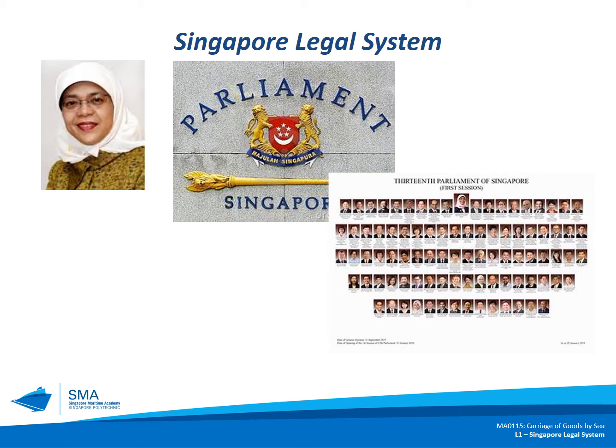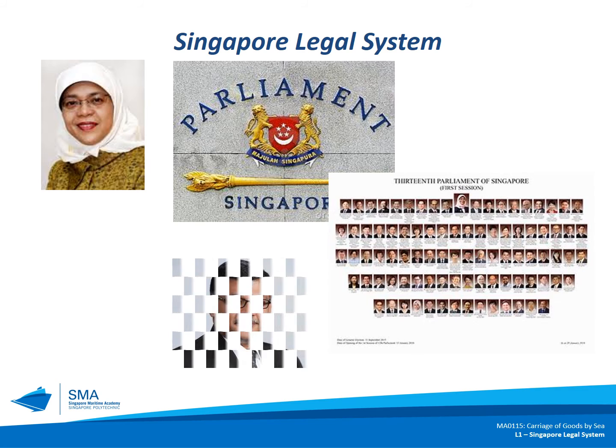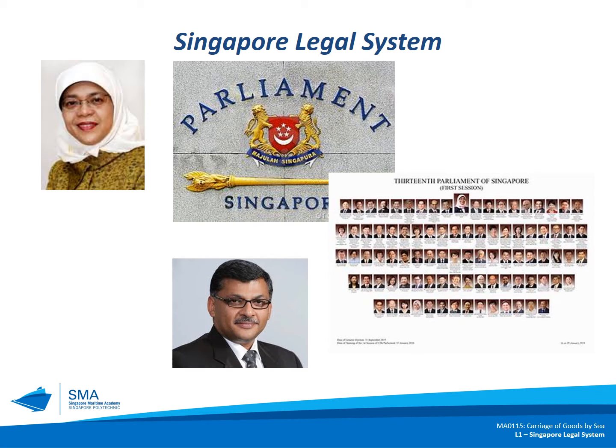Parliament being mentioned. And who's in the parliament? Our president is there, and this group of people, they are the members of parliament. So statute is an act of parliament, meaning it is a law made by members of parliament, right?